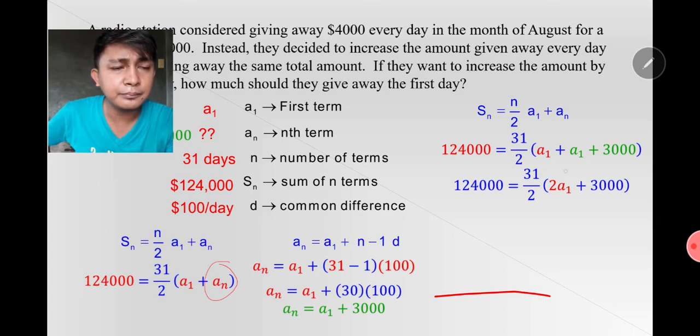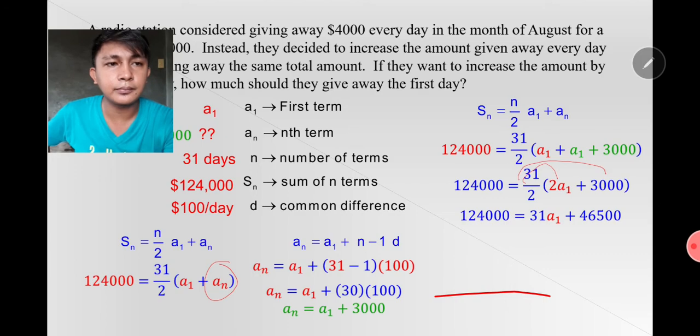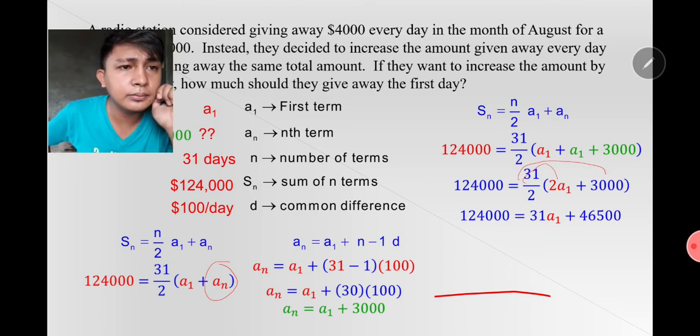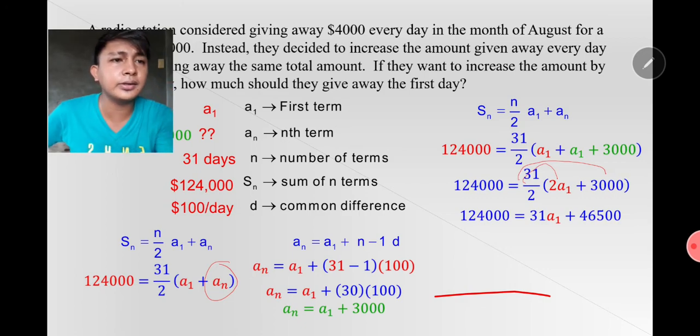So, we get the product by distribution property. So, we have 31a1 and 46,500. So, ito naging 31a1. Since 2a1 to, divided by 2 na agad.